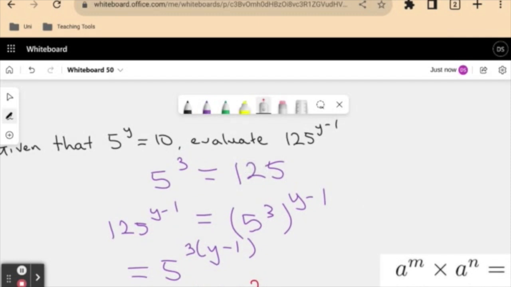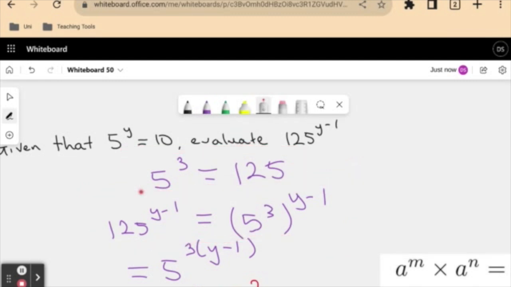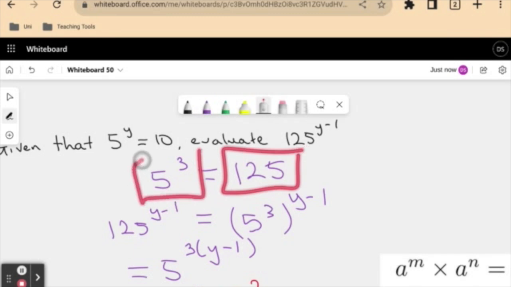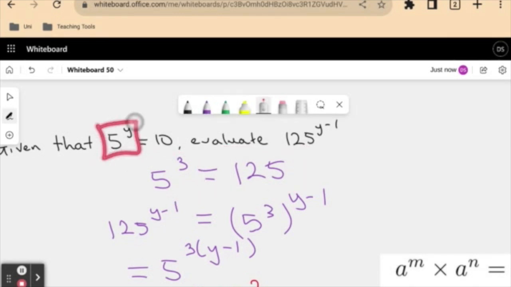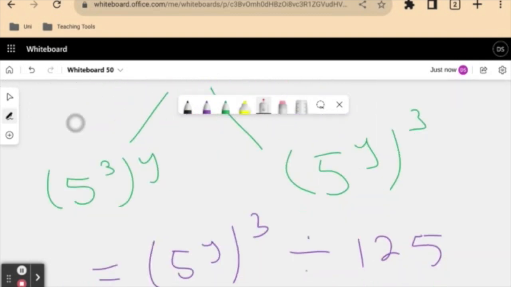But the most important thing is making this link here and kind of joining with this one. By identifying that 125 can just be expressed as 5 cubed, we have something in the form of a base of 5, which we can use. And the rest is really just mathematical manipulation.